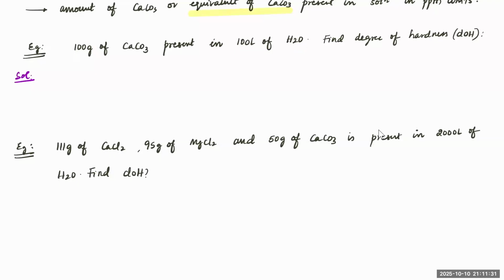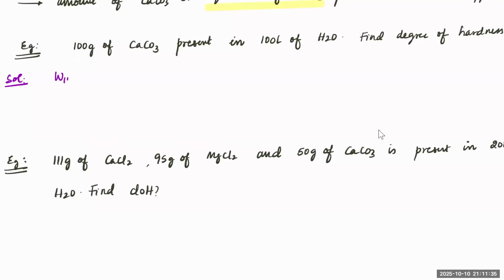So I can assume weight of H2O, the aqueous solution here, I'll simply write it as H2O, is 100 kgs. 100 liters is similar to 100 kgs. And the weight of calcium carbonate that you're adding is 100 grams.